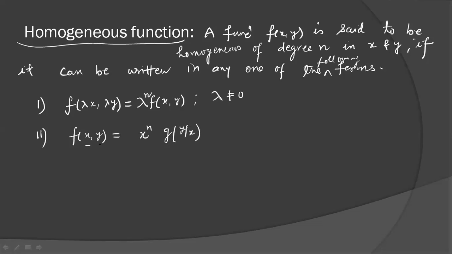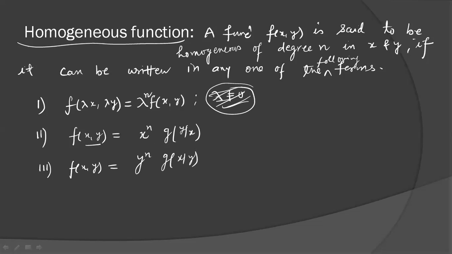If from the given function we can separate the x to the power n, and the remaining function can be written in y by x form, then it is a homogeneous function of degree n. Or f(x, y) can be written as y to the power n times g of x over y. I'm not writing this point because for lambda equal to 0, it will be f(0) equal to f(0, 0). That is true, I think.